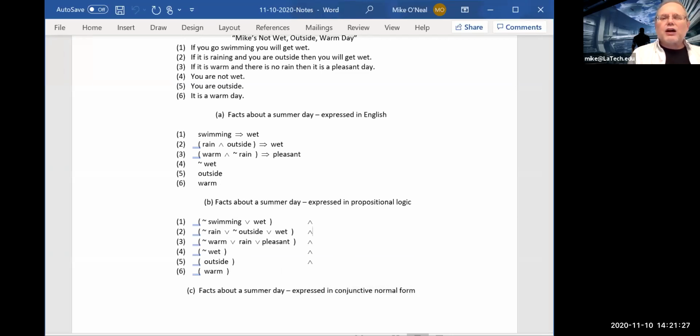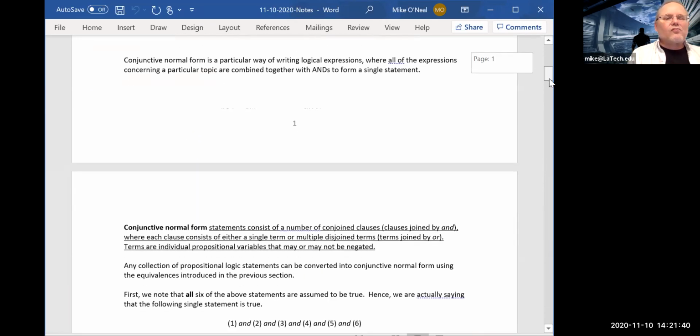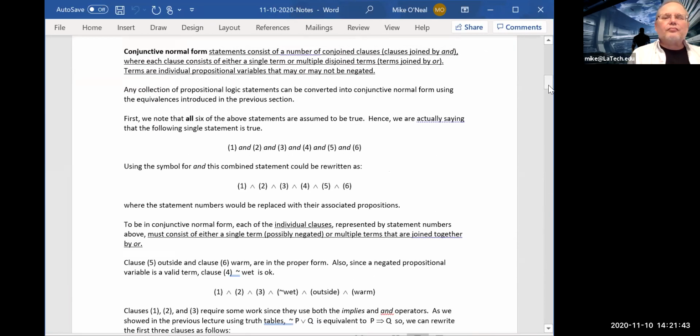So now we've got to talk about how you get from this to this. It's really not so bad. Here's our definition. Conjunctive normal form statements consist of a number of conjoined clauses joined by and, where each clause consists of either a single term or multiple disjoined terms, in other words, ored terms.